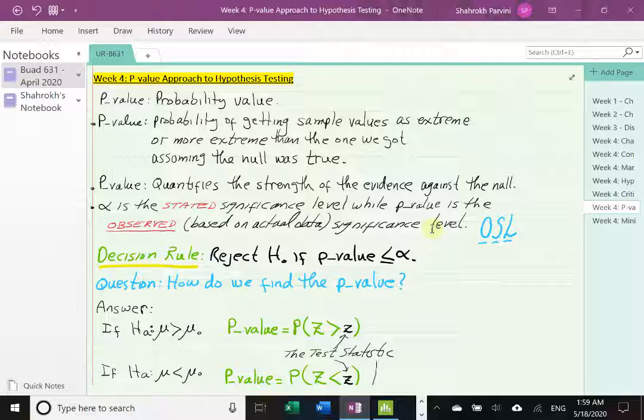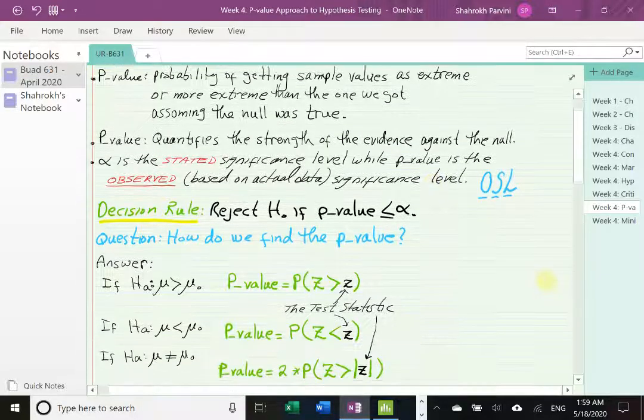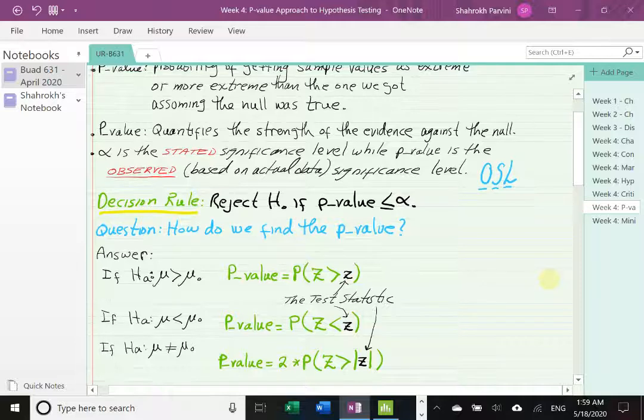Okay. So now here's a question. How do we actually find the p-value? This is if you want to do it by hand. Minitab actually gives us the p-values once we determine whether we're doing a right, left, or two-tail test. It knows how to do it. But I'm just going to write this so our notes are complete. If the alternative is greater than, then the p-value is the probability of a z greater than our test statistic.